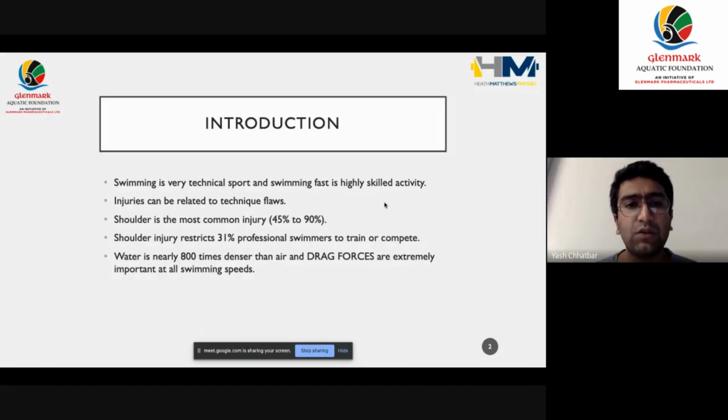Shoulder is the most common injury. Around 45 to 90% of swimmers have some sort of shoulder injury. 31% of professional swimmers have opted out of their training or competition because of shoulder issues. The other important thing is that in swimming, water is nearly 800 times denser than air.